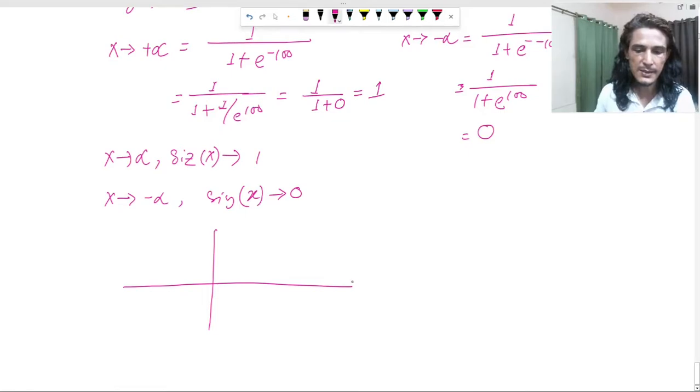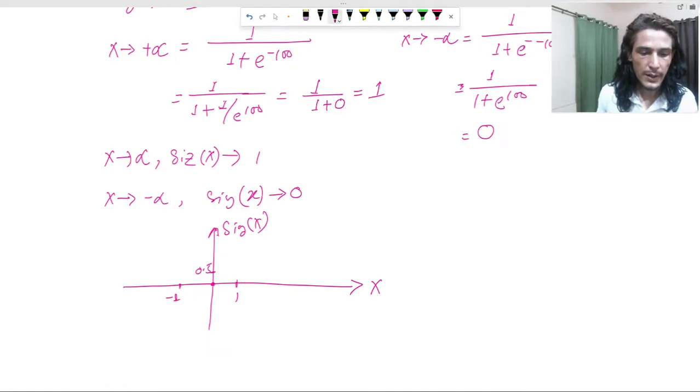What you see is that this is your x, and this is sigmoid of x, and this is 0, and this is 0.5 in the y direction, and in the x direction this is 0, say this is 1, and this is minus 1. So when x is equal to 0, we know the sigmoid value is 0.5.